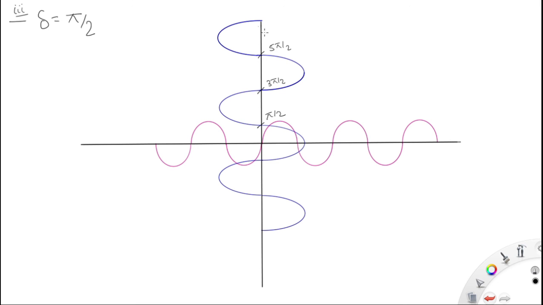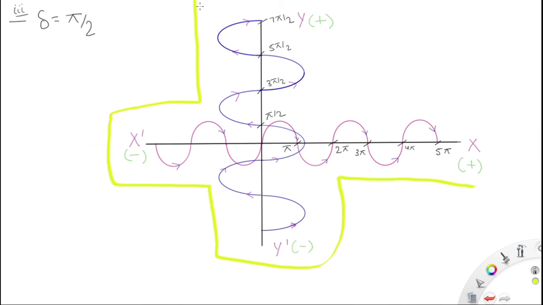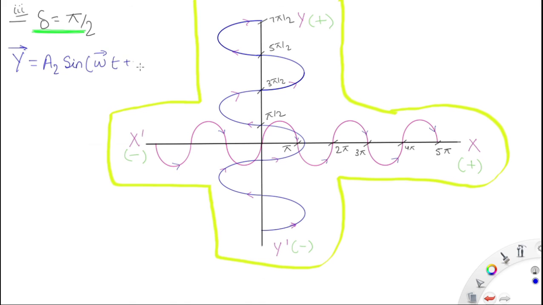So y is equal to a2 sin(omega t plus pi by 2), because pi by 2 is the phase difference, which is equal to a2 cos omega t.